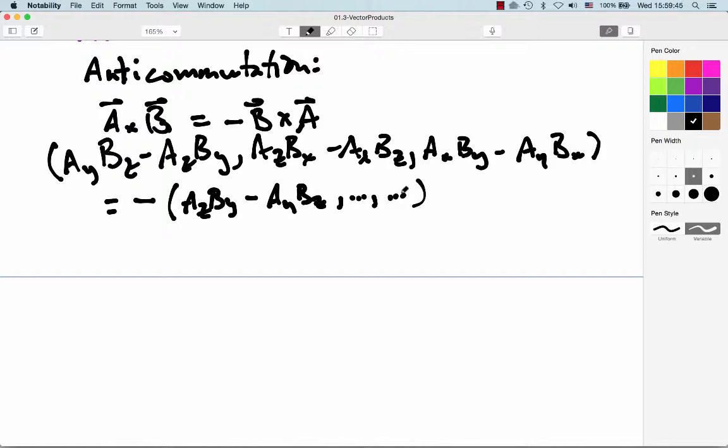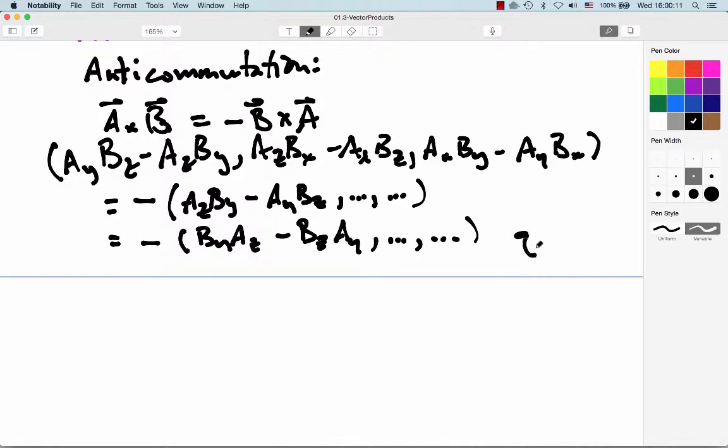But then if I look at that, I realize that scalar multiplication commutes. So that would be the same thing as minus ByAz minus BzAy, and two more similar components. I look at that and go, my God, that is minus B cross A, and that completes the proof.